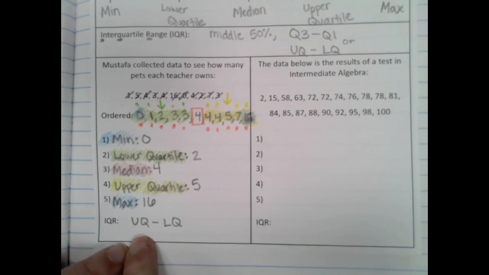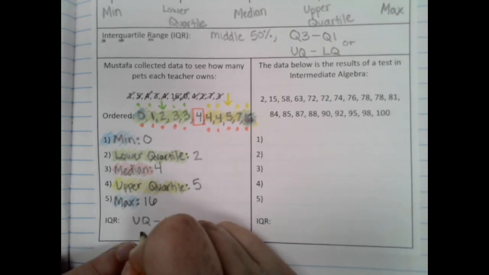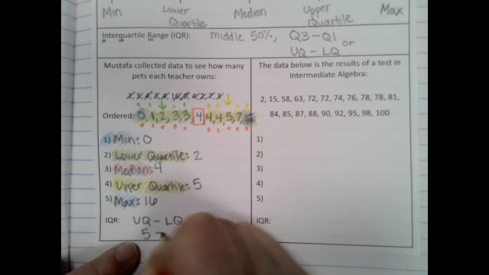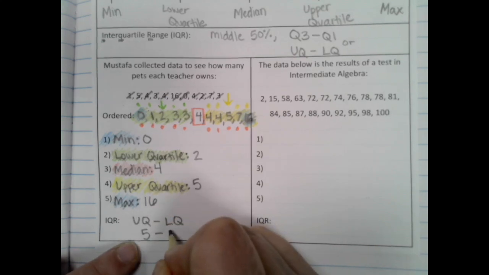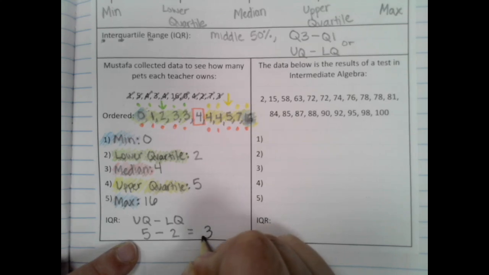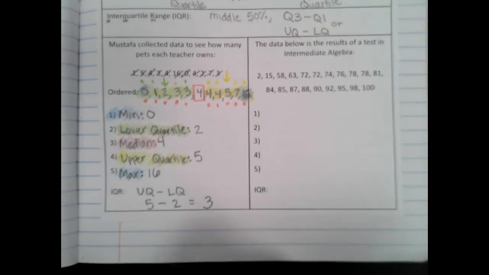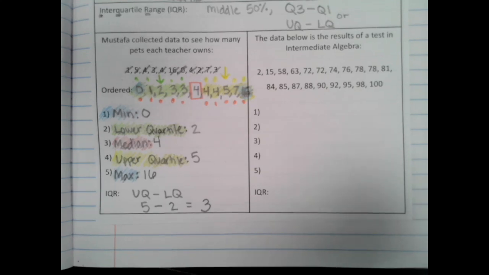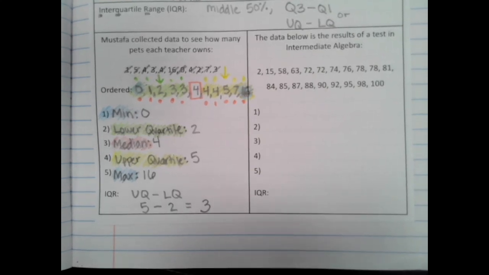So what is our upper quartile? 5 minus our lower quartile, 2. And 5 minus 2 is 3. So the middle 50% changes by about 3 animals. Isn't too bad. Still kind of a lot of animals for some people.